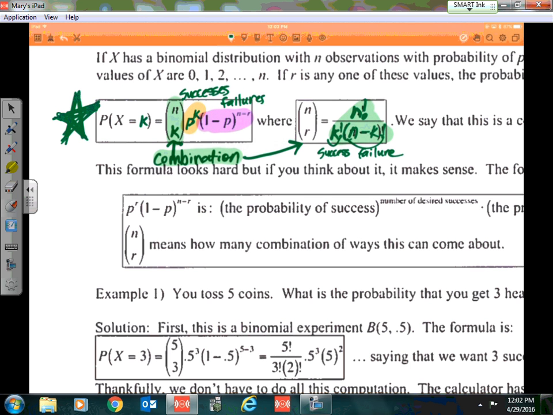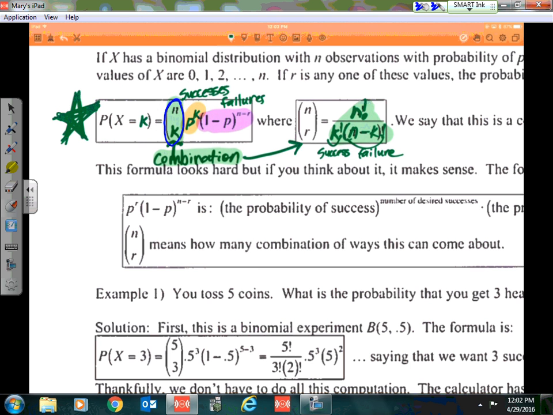So in this case, it would be like, out of 50 trials, what's the probability of getting exactly 7 items? Or out of 5 coin tosses, what's the probability that exactly 3 of them are heads? Okay? So here's this formula, which we did talk about yesterday. This portion right here is the combinations, n trials, k successes.